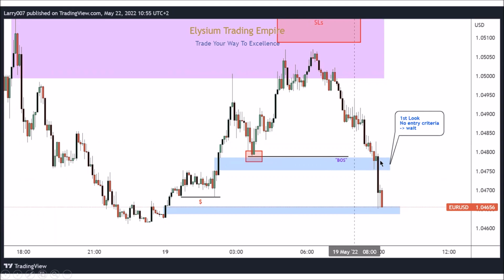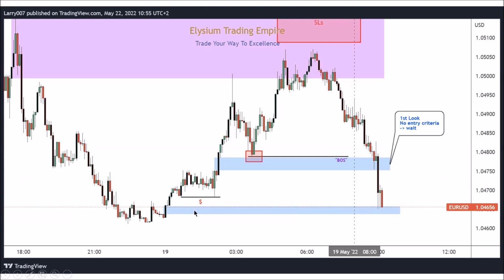Because I know even if I miss this entry, there is always another entry until this top at least is broken. Okay. So now we took this liquidity also, and we have a fair value gap at the bottom here.